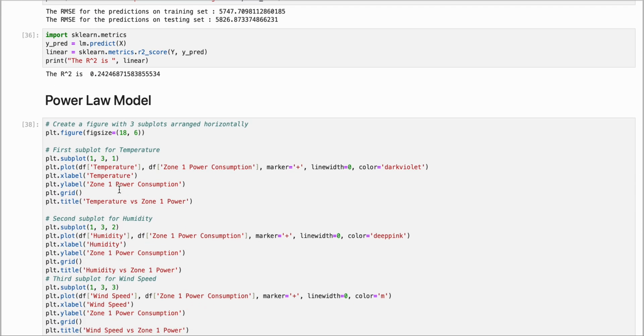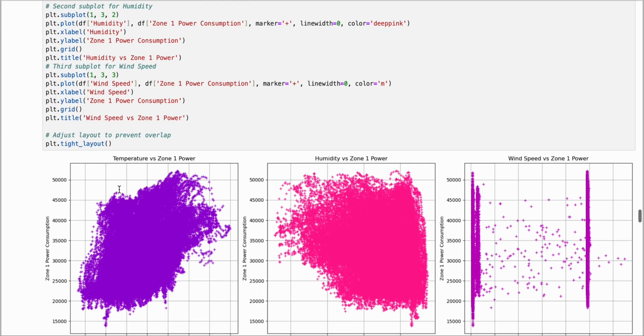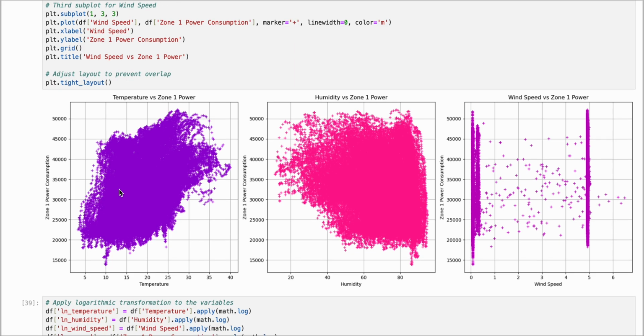For our power law model, our power law and multiple linear regression models are really similar, just our power law is not linear. It lets us see a broad variety between our temperature or humidity and our wind. We can see they're not linear; they're a broader spread of data. Our temperature is mostly the one that's our most accurate.